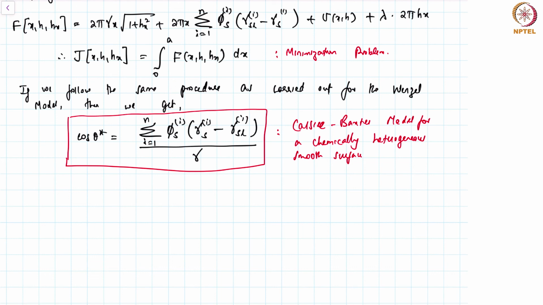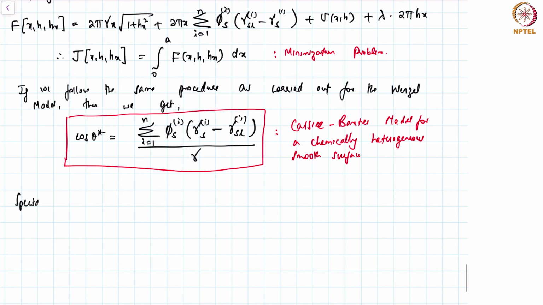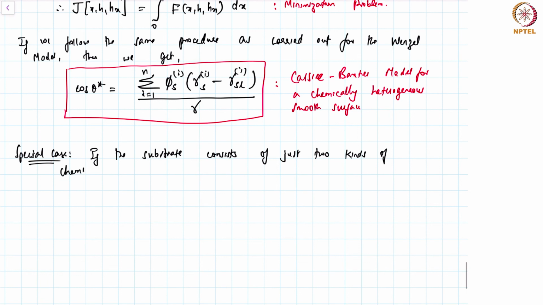Let's consider a special case. If the surface, or the solid substrate, consists of just two kinds of chemical heterogeneities, then we get cosine of theta star will simply be f1 cosine of theta 1 plus f2 cosine of theta 2, right?